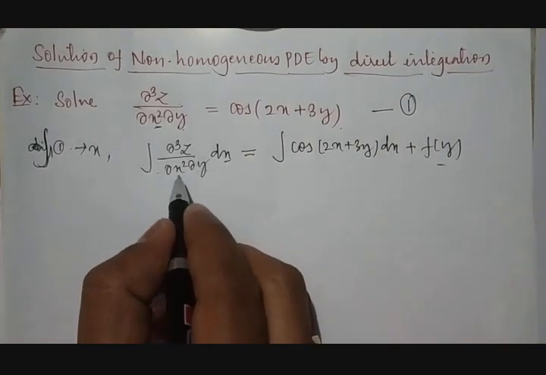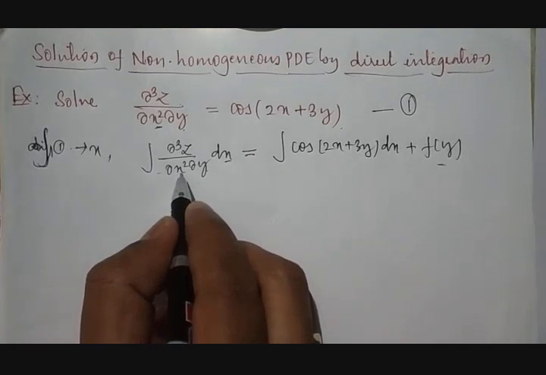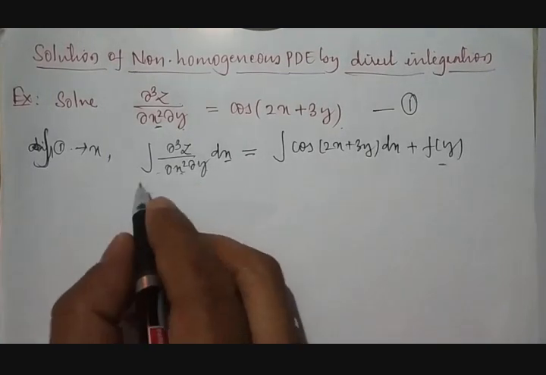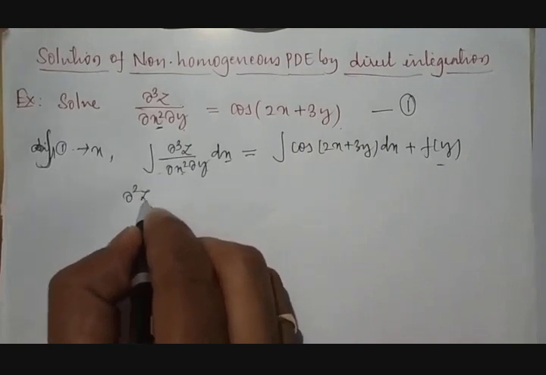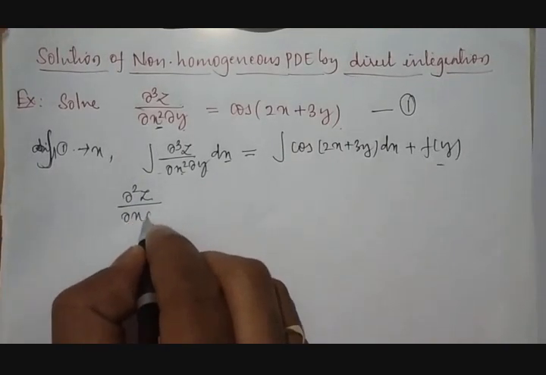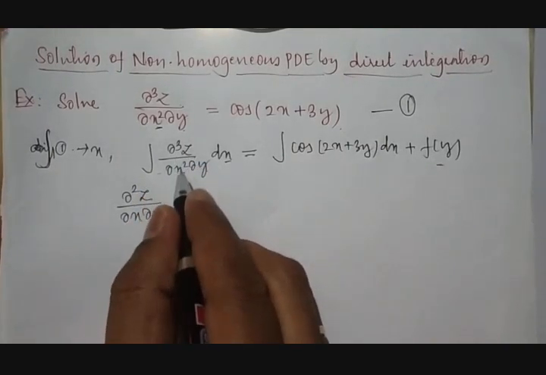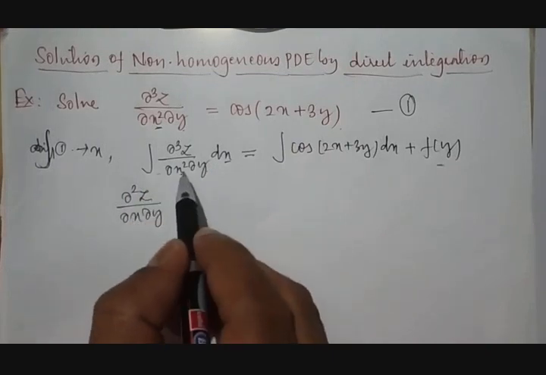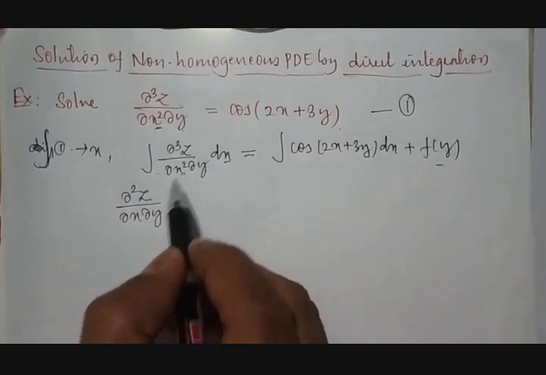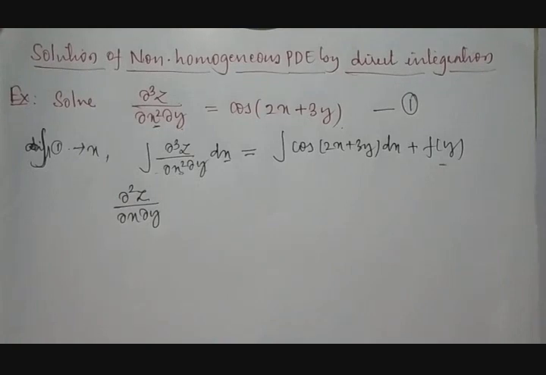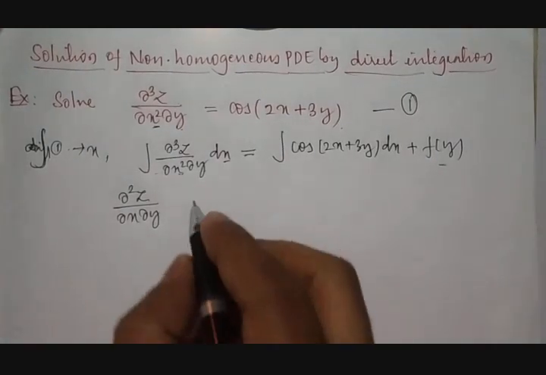If we integrate with respect to x, then what we get? Since it is a second order derivative with respect to x, one derivative will get eliminated. So it becomes ∂²z/∂x∂y. So third order becomes second order. Second order with respect to x becomes first order with respect to x. Now it has become a mixed derivative.